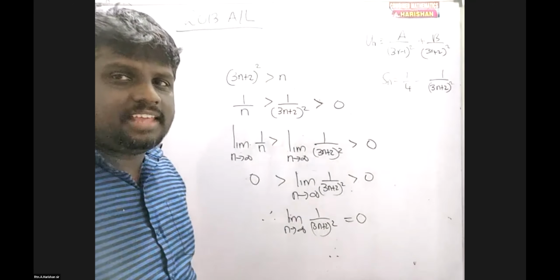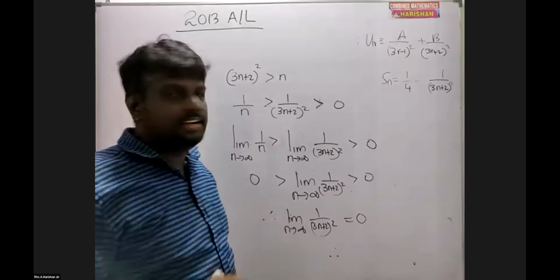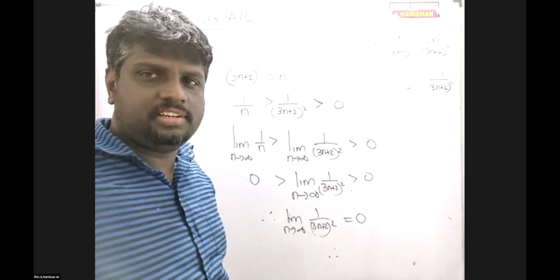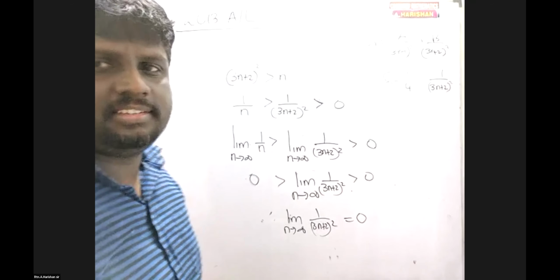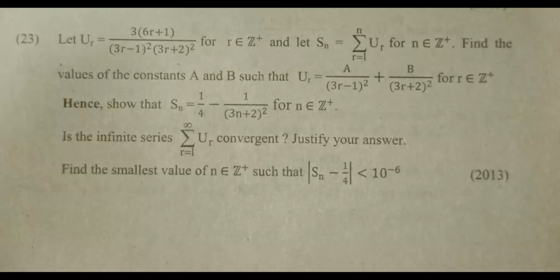So the final part is there, and with that we will finish. Let us go to the question again. The last part they asked, this is convergence: a finite value.